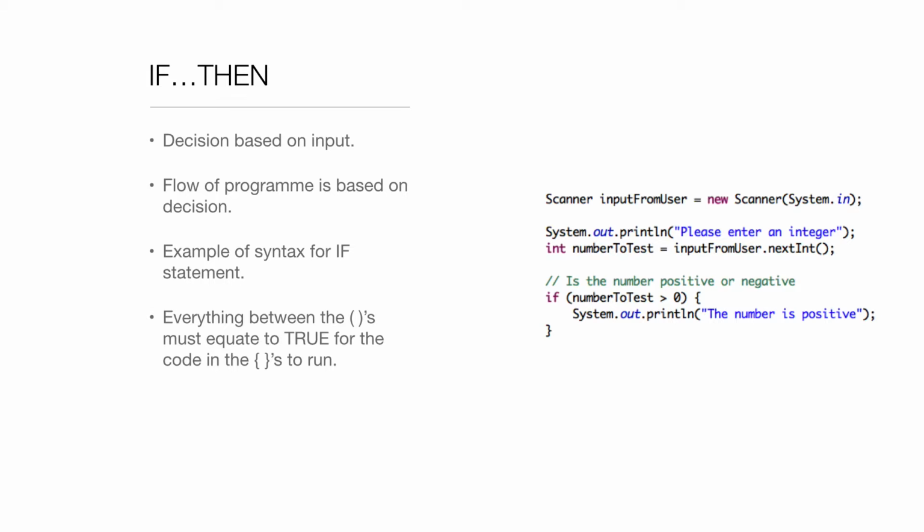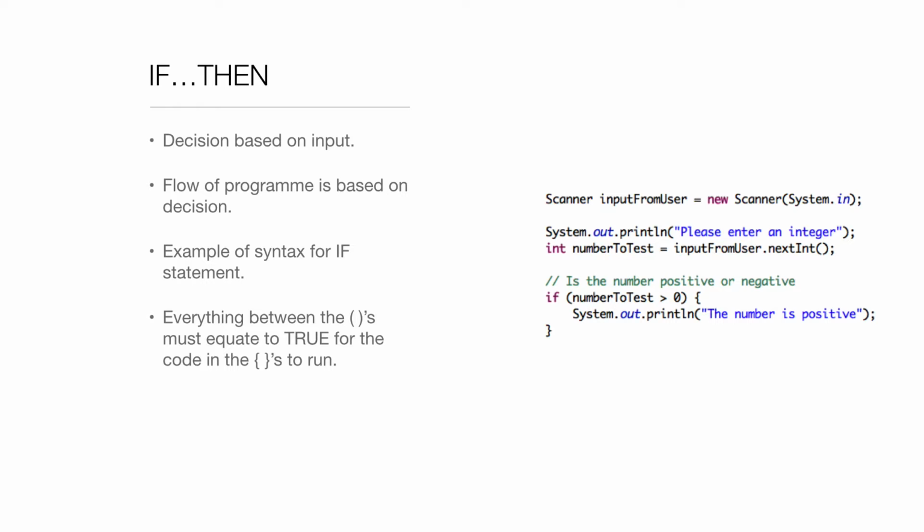What's in between those two brackets is what's referred to as the condition. And then you've got the open curly bracket for the block of code. Now you can have multiple lines of code in between the curly brackets. That's not a problem. So that's the syntax of Java, how you do an if statement.